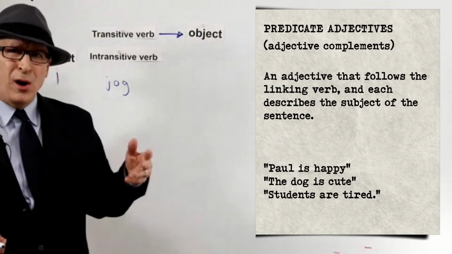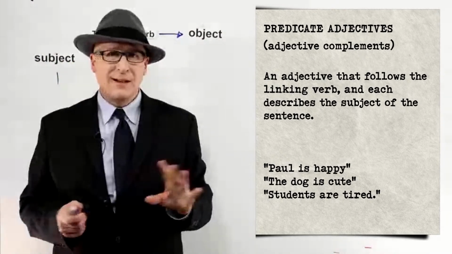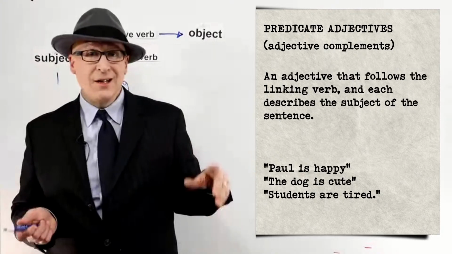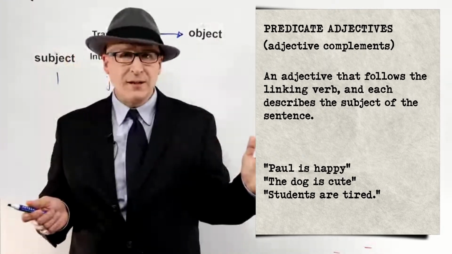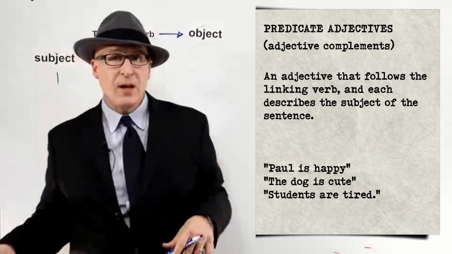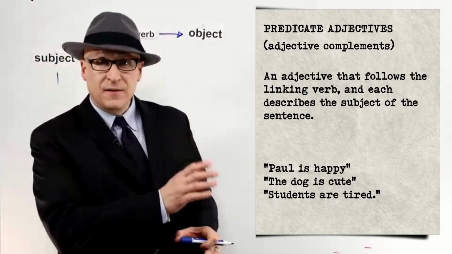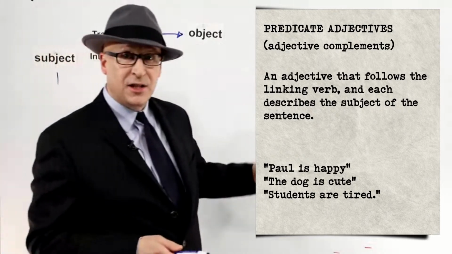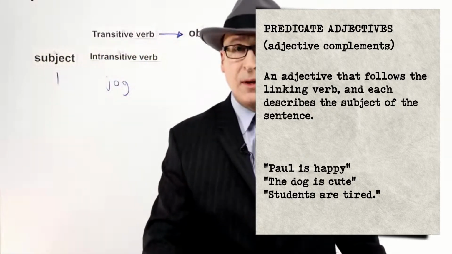Otherwise, it's not a sentence. Paul happy, she happy, that's not English. The dog cute, not English. Students tired, not English. You have to have that linking verb before the adjective. So that's predicate adjectives. The adjective can come after a be verb or a copula.